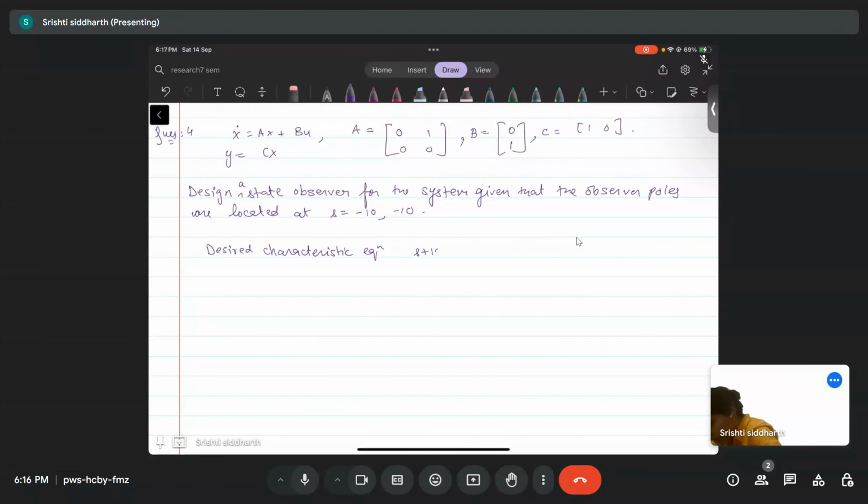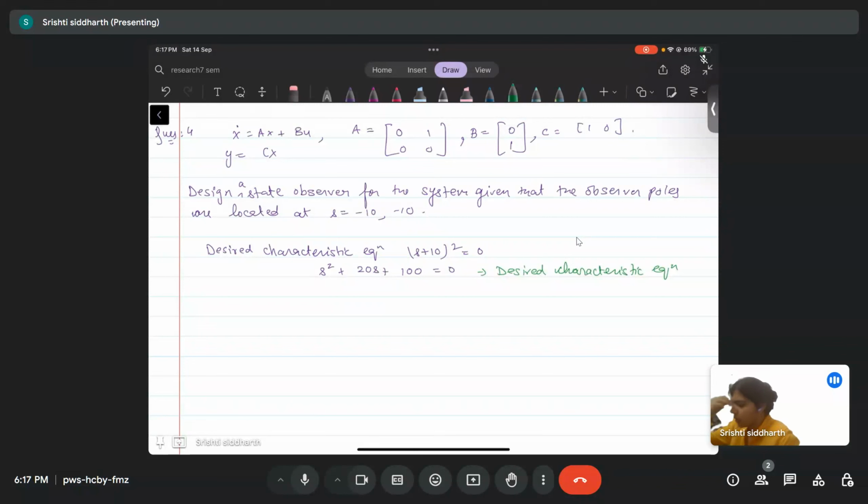That is s plus 10 squared equals 0. So we have s squared plus 20s plus 100. So this is the desired characteristic equation.